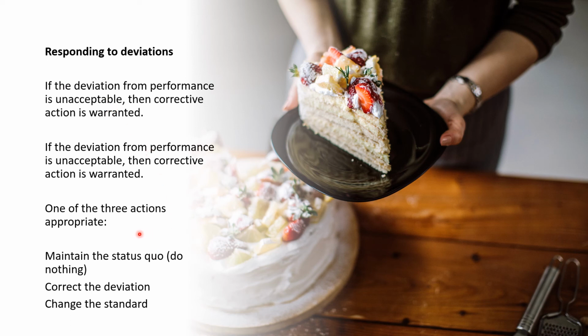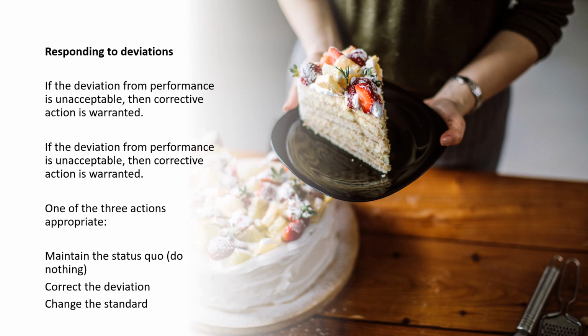And then one of the three actions is appropriate: maintain the status quo, do nothing, change the deviation, or change the standard. If you can accept the deviation, or the product that your employee produces is exactly the same as the standard, there's no corrective action that you need to take, you just accept it, it's good. However, if there are certain deviations, a little bit but still okay, maybe the appearance is not exactly the same, but it's still acceptable, so you don't have to do anything.